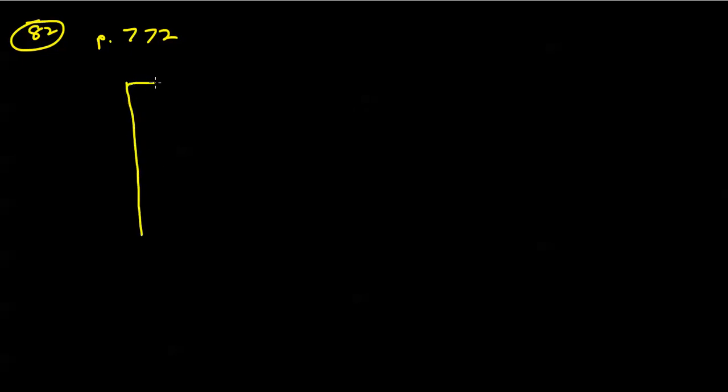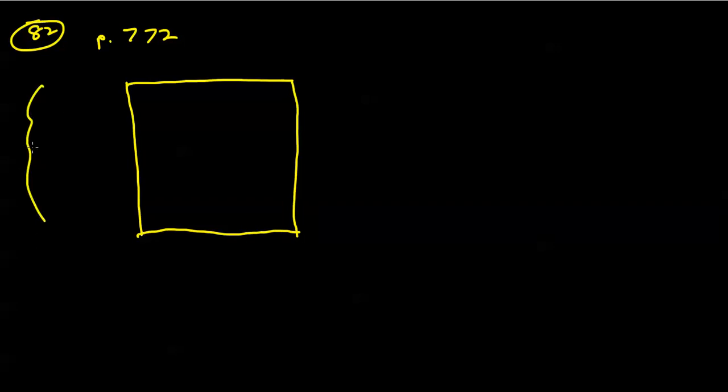Alright, so what we're starting out with is a square piece or sheet of metal. It's supposed to be square, and I'll say it's X units long. Each side is X inches wide.